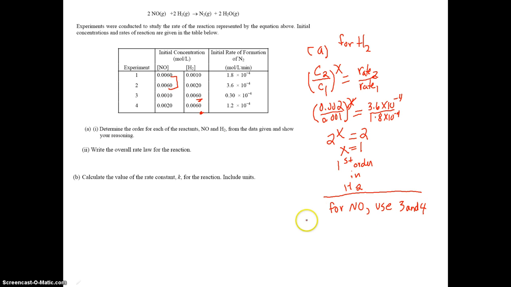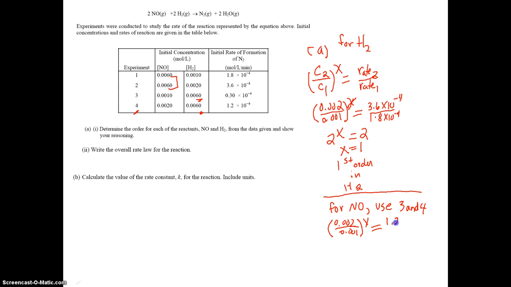And so doing that, we'll set up the same scenario. Because hydrogen's constant, I don't care. In reaction 4, which is what we'll put on top, NO goes from 0.002 down to 0.001 in reaction 3. That to a different power is going to be equal to the change in the rates.